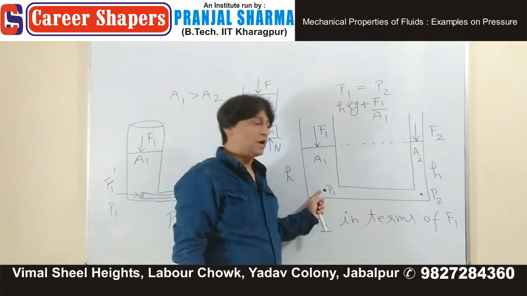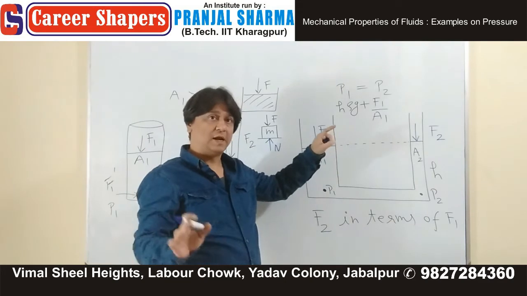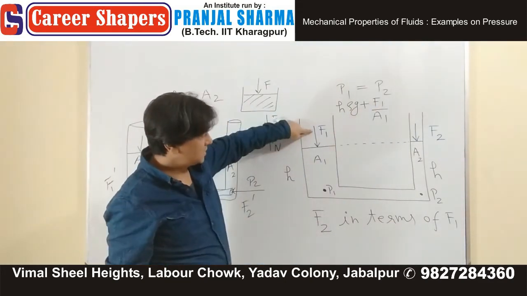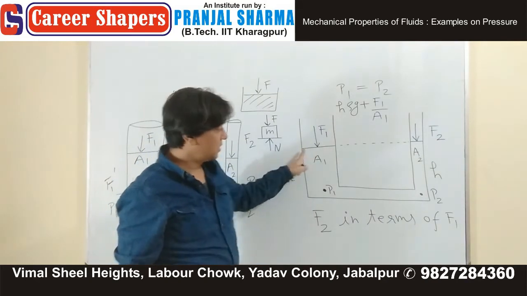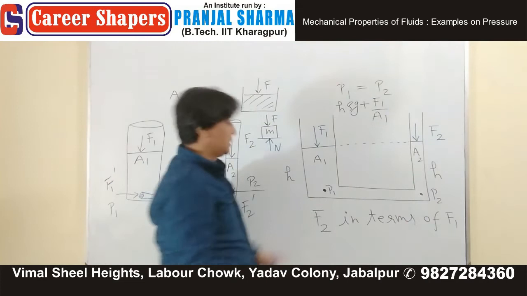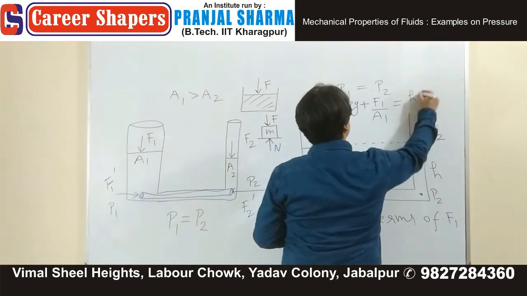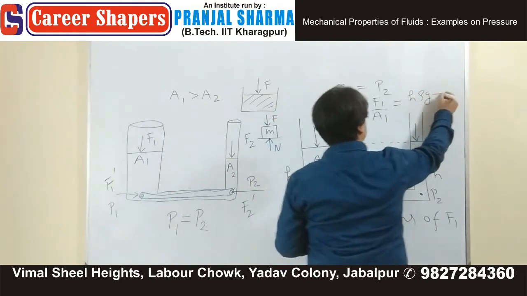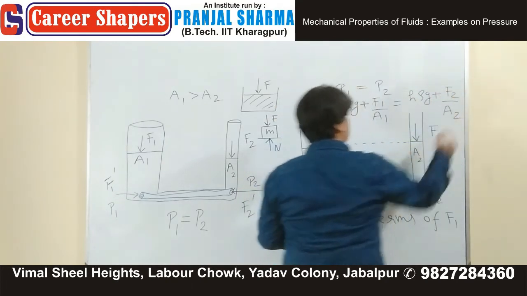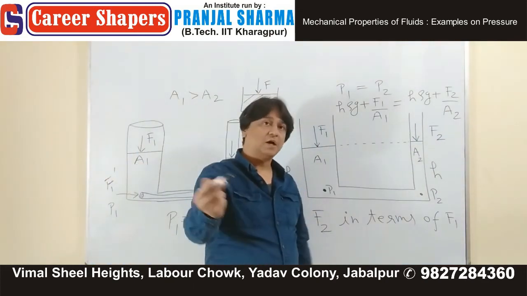यहाँ का प्रेशर क्या होगा? H rho G plus F1 नहीं, F1 divided by A1. इस F1 को यहाँ पर प्रेशर में कन्वर्ट कर दिया F by A, which is equal to H rho G plus F2 divided by A2. These heights are same.